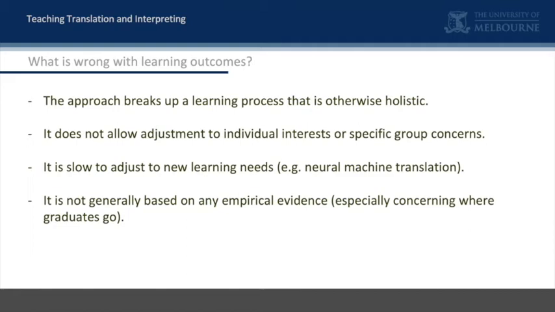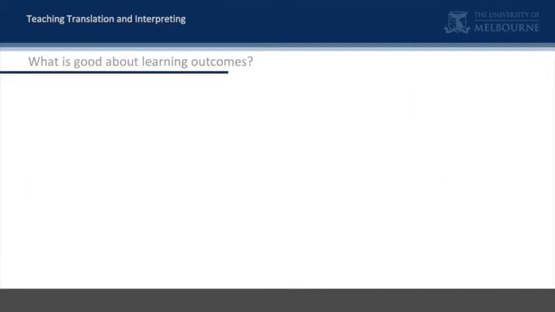What does a translator really need in their job, or a project manager, or an interpreter, or anybody who's learning a foreign language, for example. Okay, so those are the things that we might think about when assessing the virtues of outcomes.